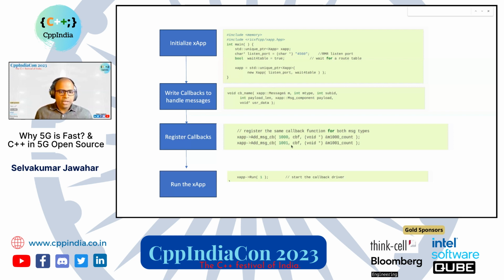You register the callback and you run the app. So the callbacks will be called with messages from different RF components. So you then process the message and then you can write back. So this is all you do. You basically see the messages and see what's happening, and you can write back the policies and control the RF. So this is an XApp. So you can write your own XApp and deploy.